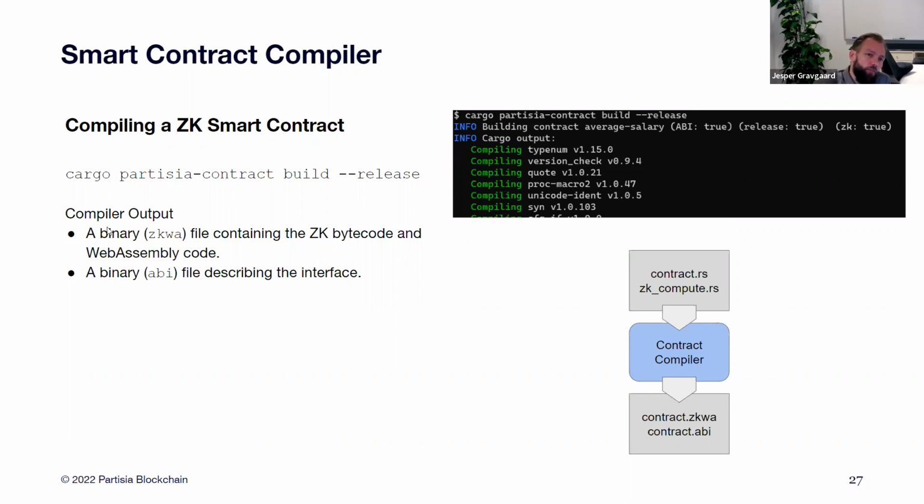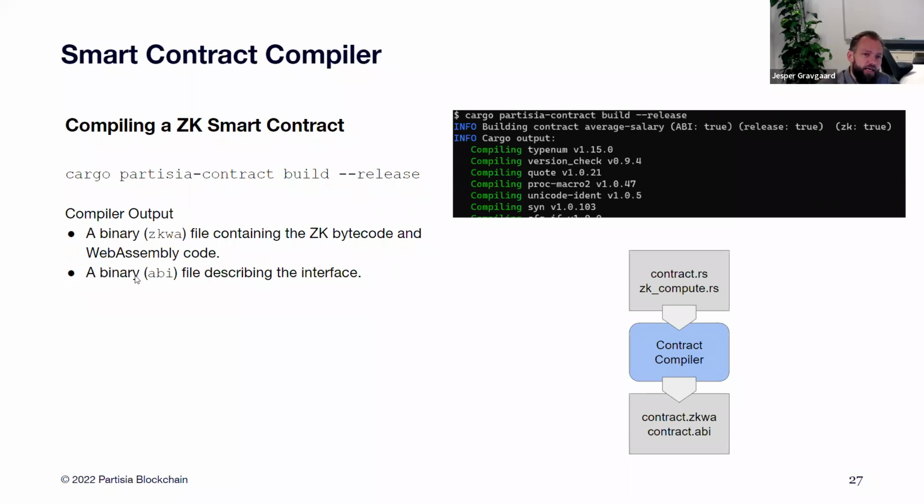The result of the compilation is now not only a WebAssembly file, but also this ZKWA file. This file contains two things. It has the ZK bytecode, that is the bytecode of the zero knowledge program that you have coded, the zero knowledge computation. And then it has the WebAssembly code for the public contract.